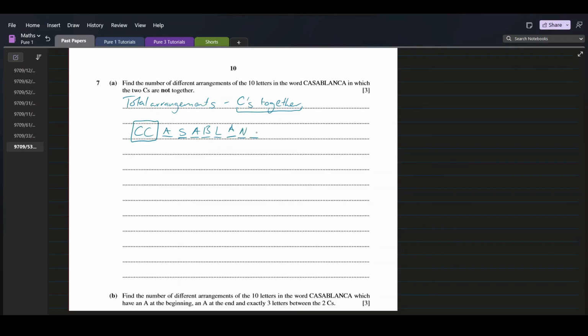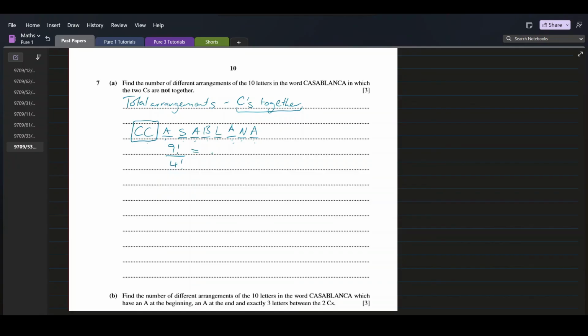N and another A. Okay. So if we count the number of underlines, that's 1, 2, 3, 4, 5, 6, 7, 8, 9. That would be 9 factorial. And then the repetitions 1, 2, 3, 4, that's 4 A's. So over 4 factorial. Are there any more repetitions?